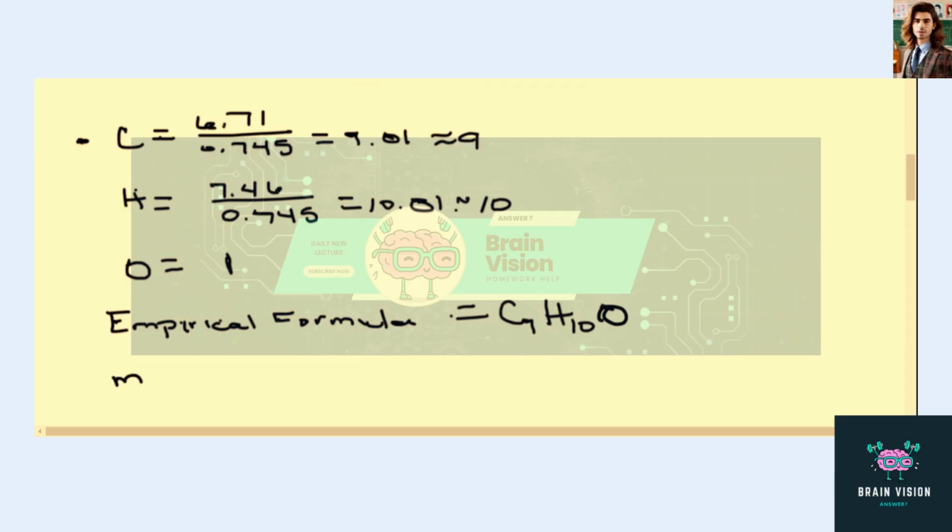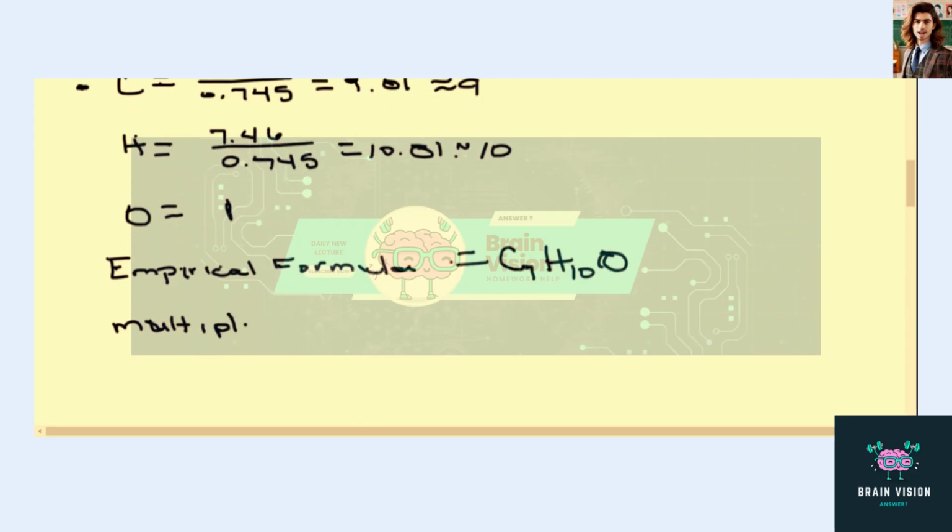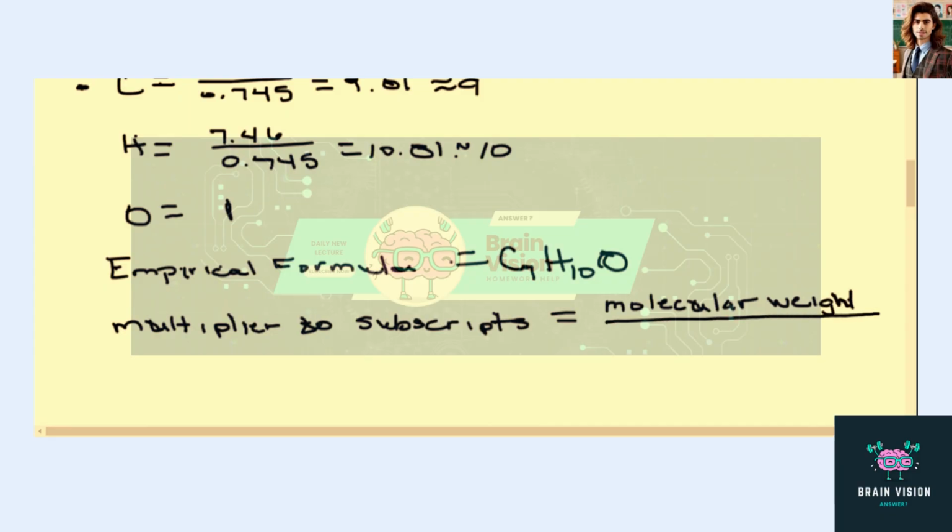So the multiplier to your subscripts is found by actually taking the molecular weight and dividing by the empirical weight.